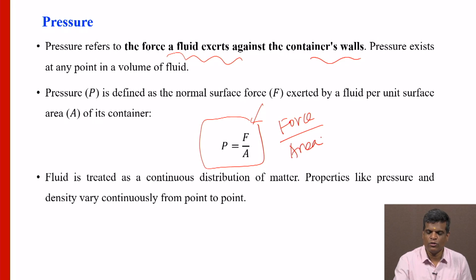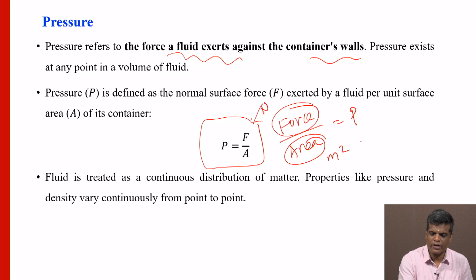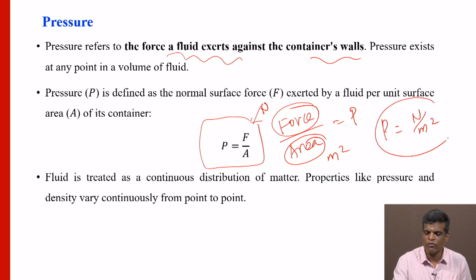The force we write in Newton, and the area in meter square. So the pressure unit is P equal to Newton per meter square. Pressure is equal to the ratio of force to area.